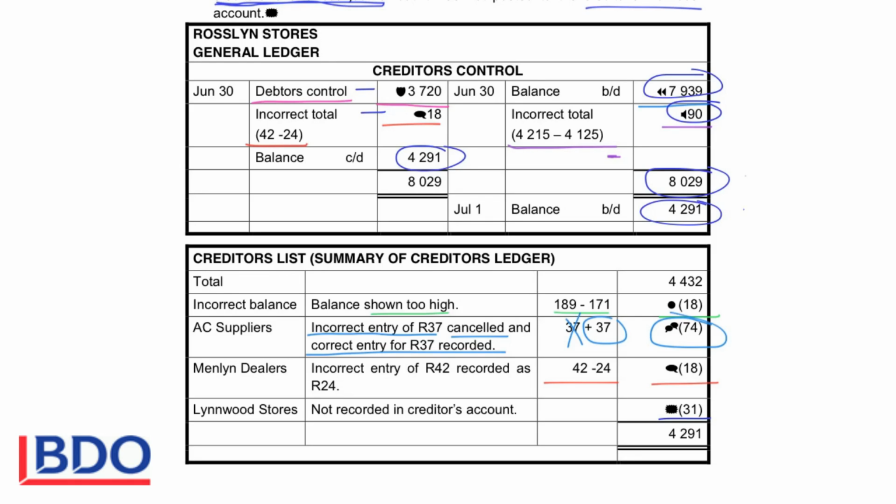If I take the balance in the creditors list and I add 18 minus 74 minus 18 minus 31, I also have 4291. So that means that we corrected all the mistakes because these two should always be the same.